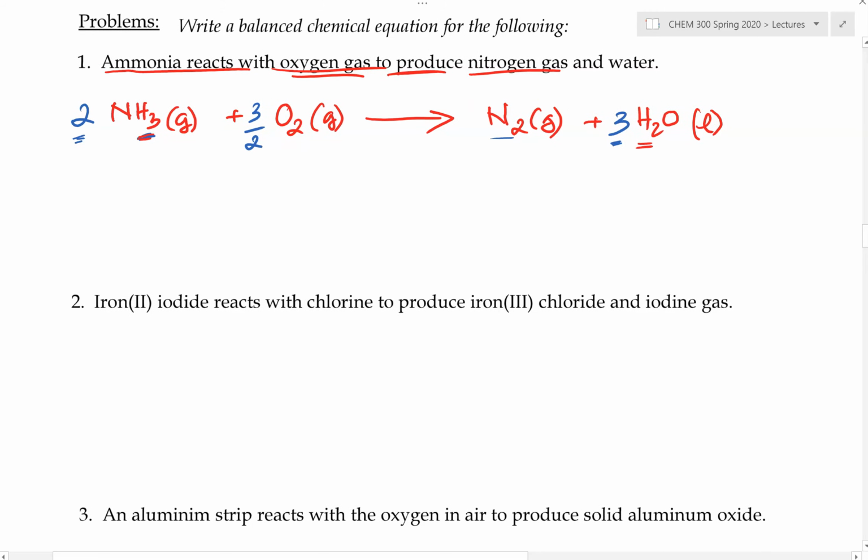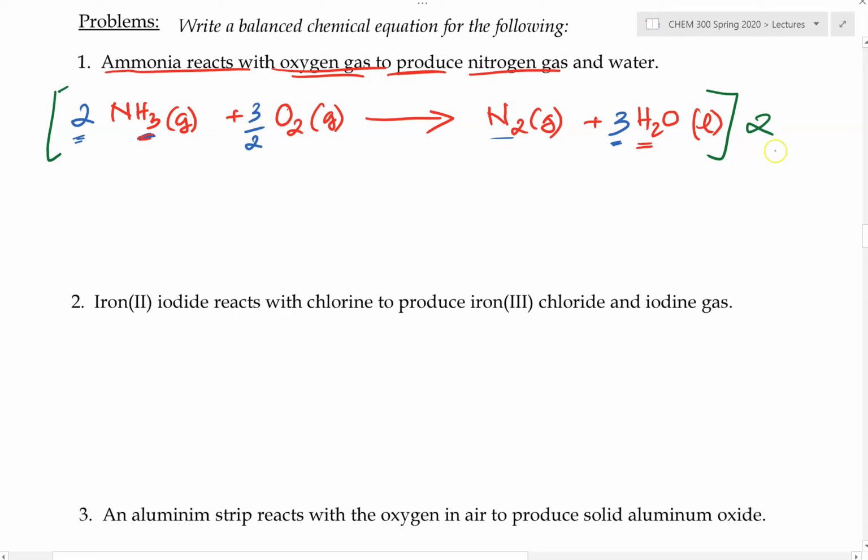But again, anytime that we use fractions to balance an equation, in the end, we want to clear up this fraction right here by multiplying everything by the denominator of that fraction. Here in this case, we see that the fraction is 3/2, so the denominator is equal to 2. Therefore, we need to multiply everything by 2.